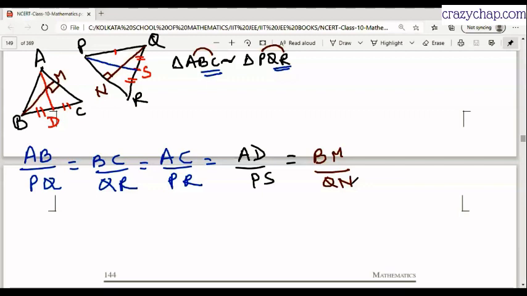One more property: the corresponding angle bisectors will also be in the same ratio. Let's say I'm drawing an angle bisector from angle C. Angle C, I am making an angle bisector. So let's say this line is CX.